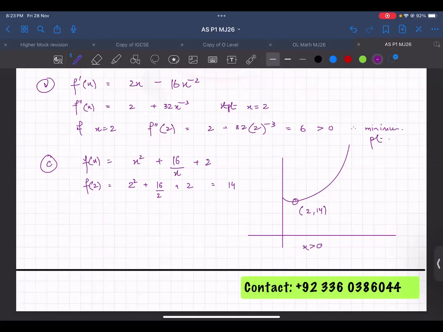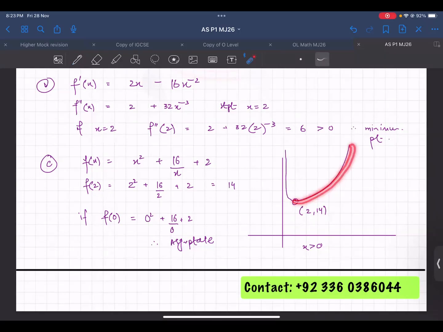If you find the value of the function at 0, 0 square plus 16 upon 0, so no solution. This will be an asymptote. So this means the function is coming from above like this, and then coming to this turning point, and then because this is the minimum point, the graph will be going up again, isn't it? Are you getting it or not?